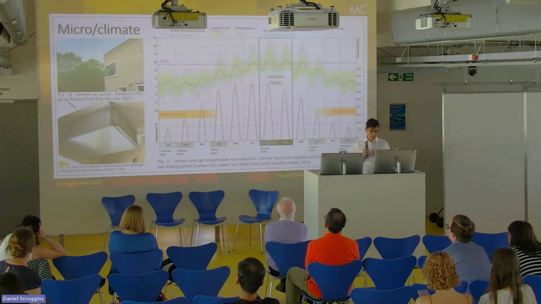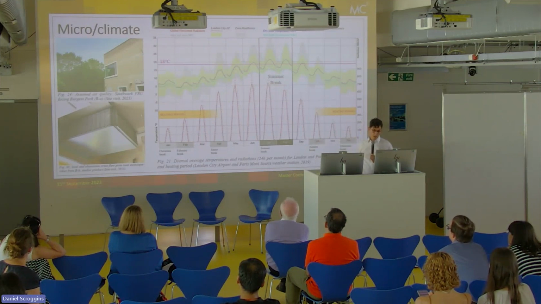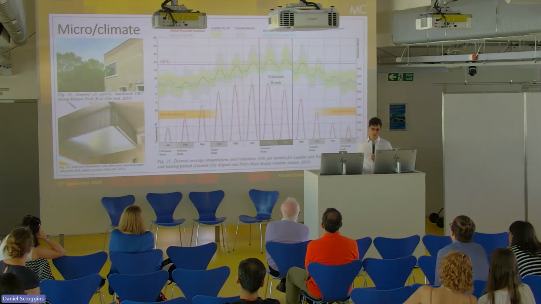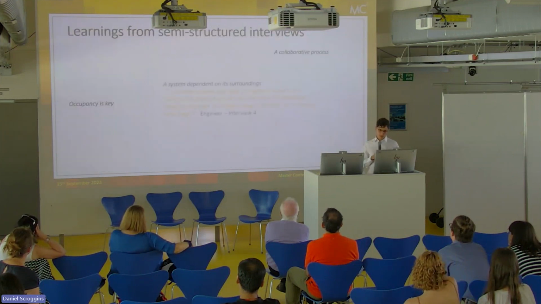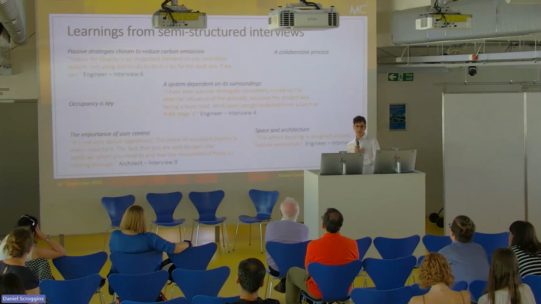In temperate climates, schools are mainly occupied in the heating period, and this makes the use of the heat exchanger relevant. But passive strategies, much more than active one, are very dependent on their surroundings regarding the air quality or noise pollution, for example. This was one of the main learnings from stakeholders interviews.